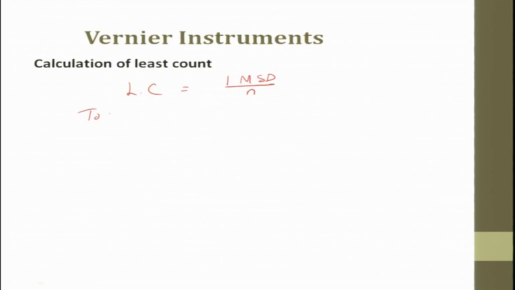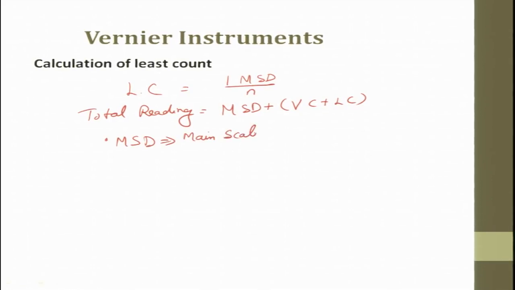So, the total reading, whatever we do, is MSD plus vernier scale reading times the least count. Let me explain the acronym. MSD is the main scale reading, MSD or MSR, main scale division.